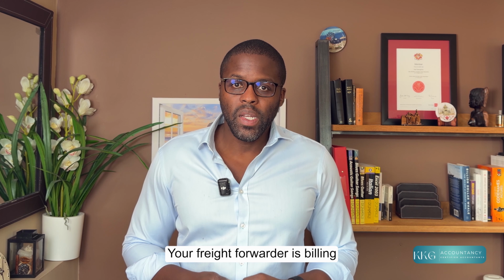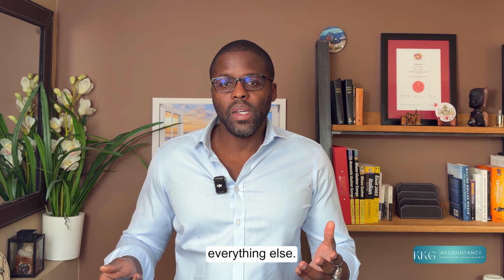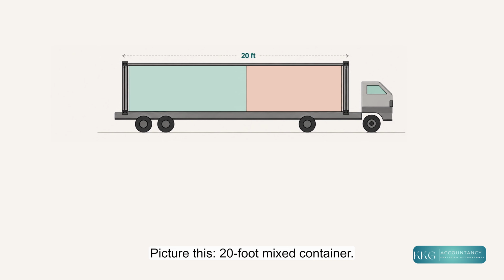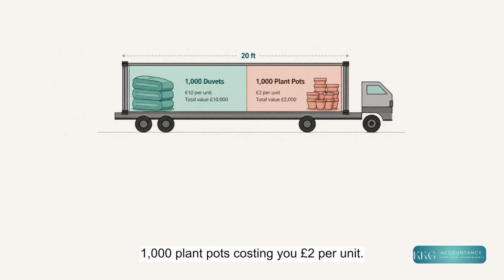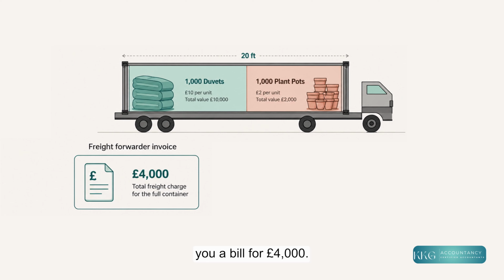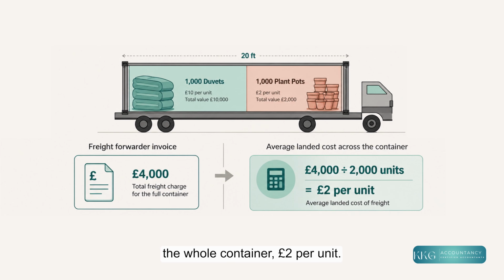Here's a problem. Your freight forwarder is billing you on a greater volume or weight, which means that you're most likely selling your bulky items at a loss and overpricing everything else. Picture this, a 20-foot mixed container, 1,000 duvets on one side costing you £10 per unit, on the other side, 1,000 plant pots costing you £2 per unit. The freight forwarder sends you a bill for £4,000. The average landed cost for the freight across the whole container is £2 per unit.